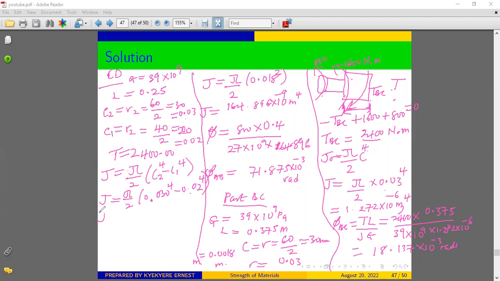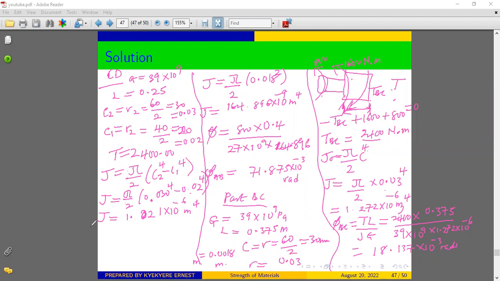And from there, our J, the polar moment of inertia, will be equal to 1.021 times 10 to the power negative 6 m^4.